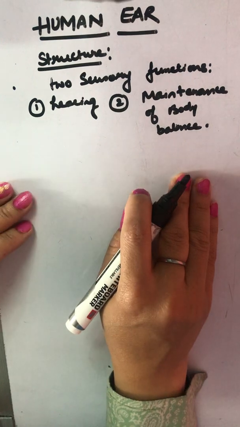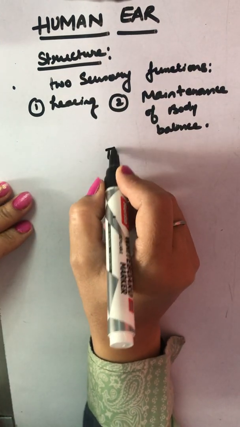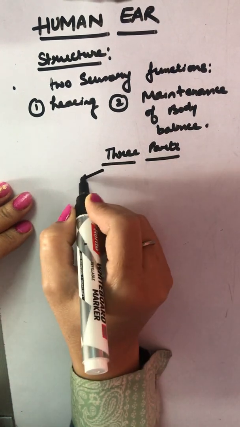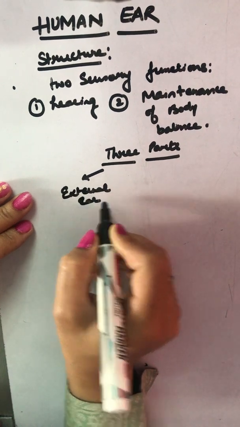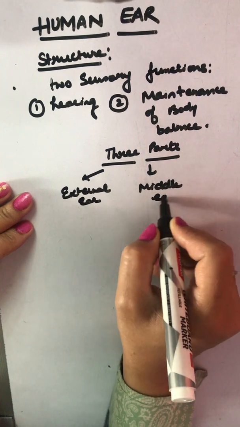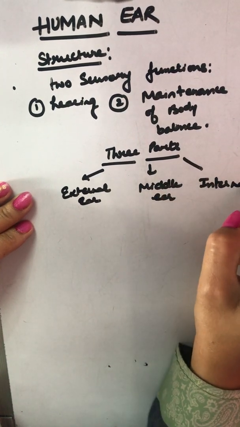Clear? Now, when we talk about the structure, it consists of three parts. And these parts are external ear, middle ear, and internal ear.